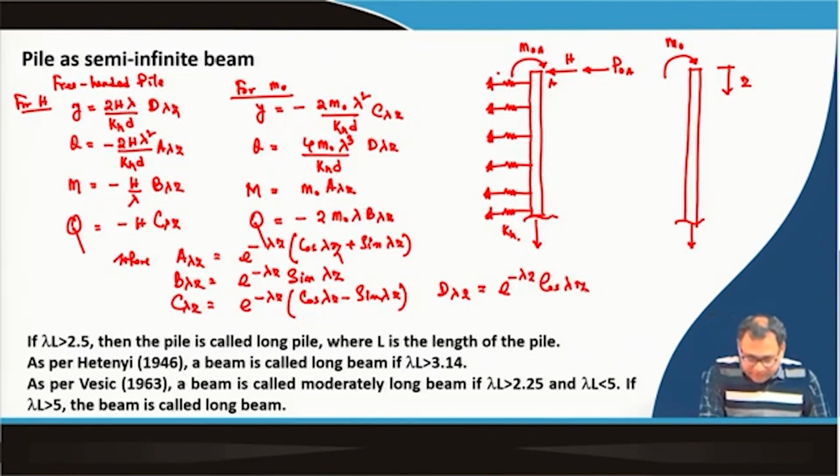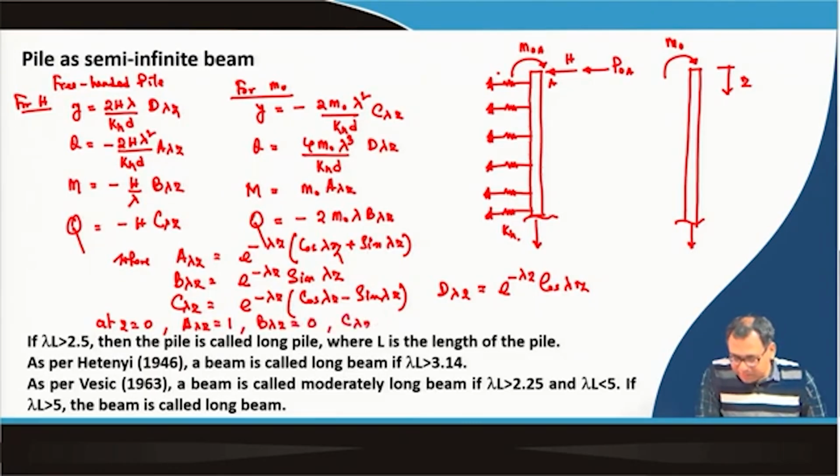At z equal to 0, A lambda z equals 1, B lambda z will be 0, C lambda z will be 1 and D lambda z will be 1.